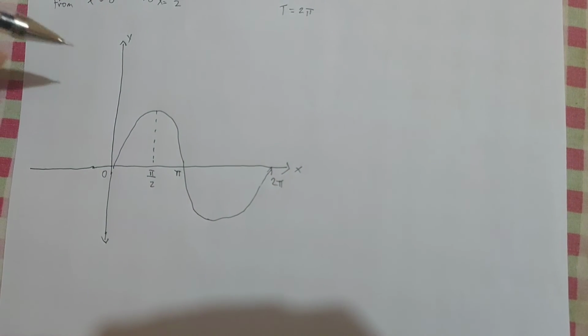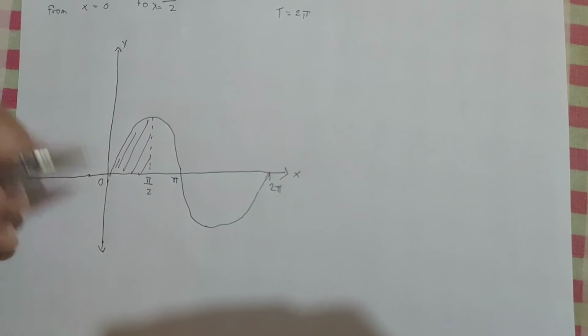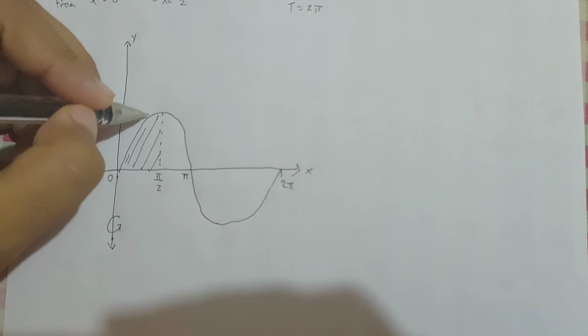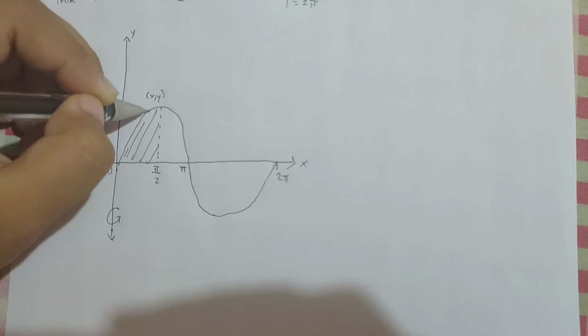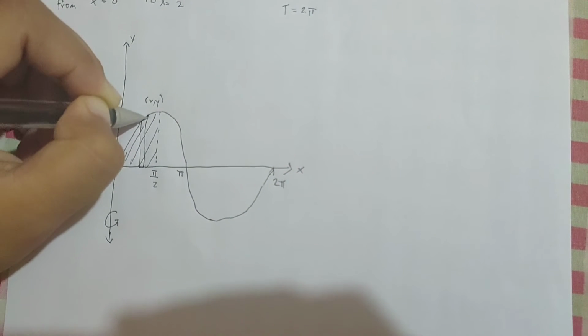So this part will be our area of interest, and here is our area of rotation, and this part will be our x and y, the point here. So from the point here, we will draw our strip.